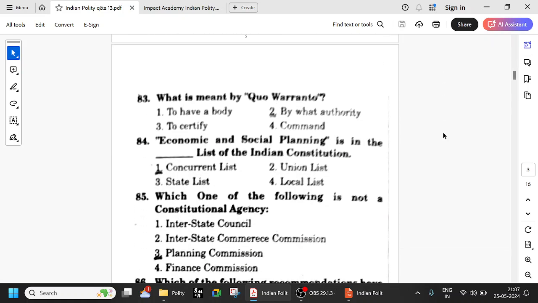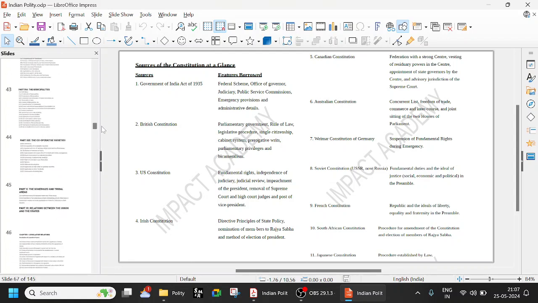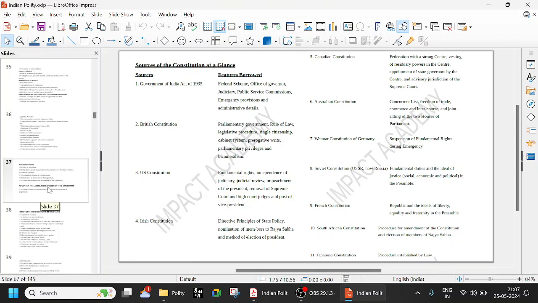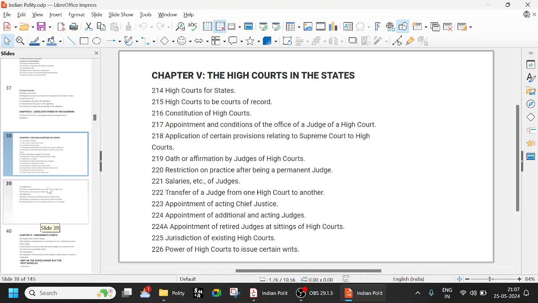So what is meant by quo warranto? So here we are talking about basically fundamental rights. Article 32, that is the writ jurisdiction of the Supreme Court, and also Article 226 for High Courts. You've already seen that. So when you're preparing for Group 2, you have to remember the articles also as much as possible.